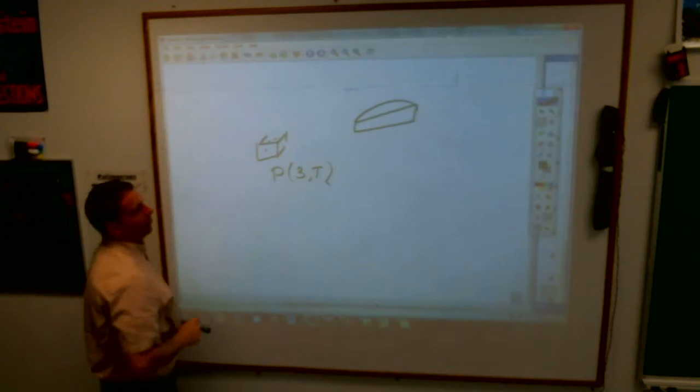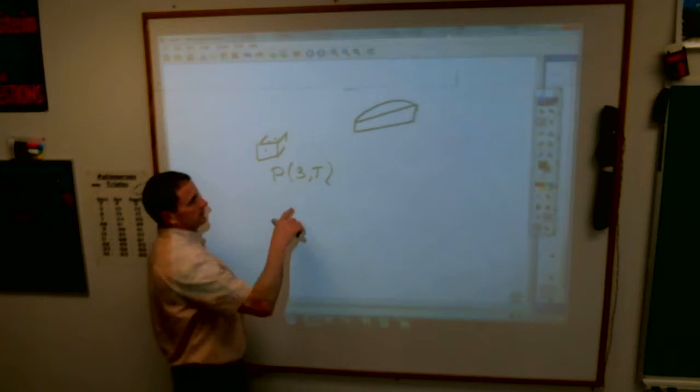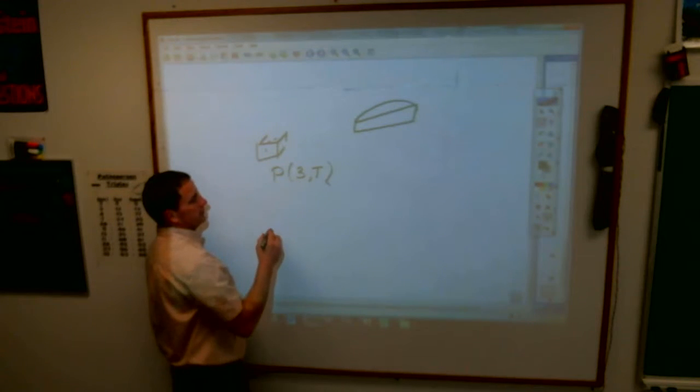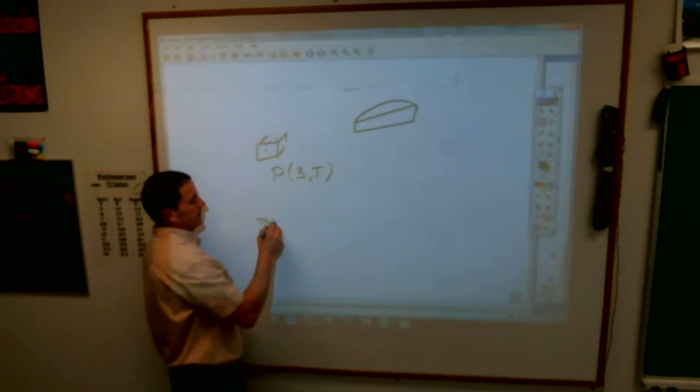You don't really want to always have to do the tree diagram because they get to be a bit long. Because what are all my probabilities if I'm doing my tree diagram?